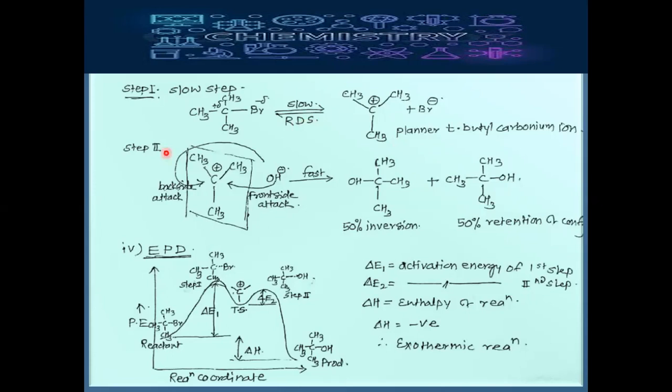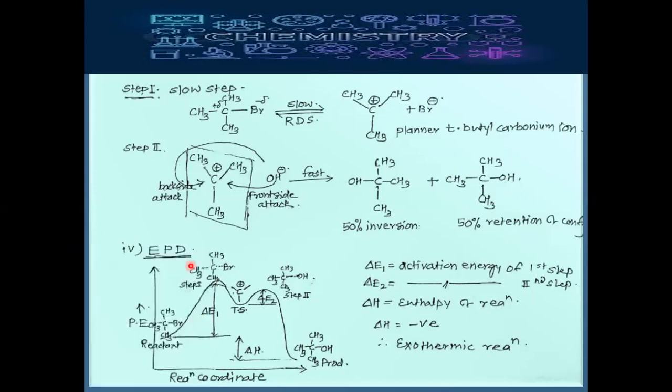Second step, fast attack of the nucleophile. As this tertiary butyl carbonium ion has planar geometry, all three methyl groups and the carbon are lying in one plane.